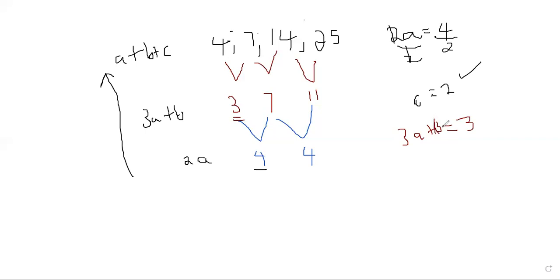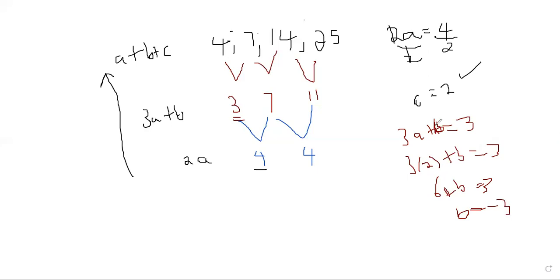Our a we already know it's 2. We substitute: 3 times 2 plus b is equal to 3. What is 3 multiplied by 2? That is 6, right? 6 plus b is equal to 3, so your b will be 3 minus 6, giving you negative 3.